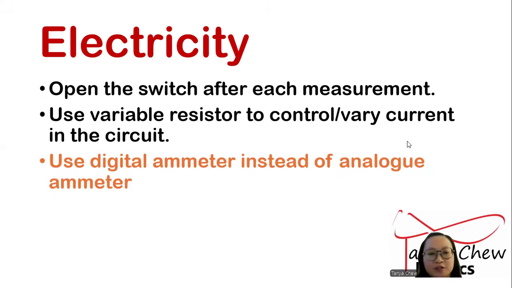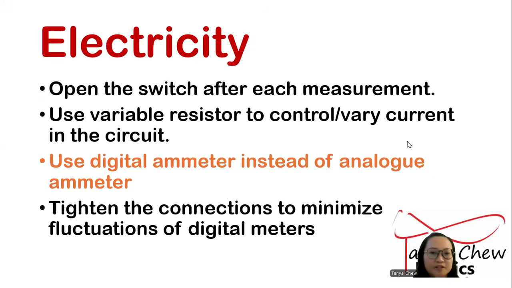And you might want to suggest this as well, but it depends on the question. If the analog ammeter and the analog voltmeter are given, instead of using analog, you could suggest using a digital ammeter because it is more sensitive. Or use a digital voltmeter instead of an analog voltmeter.